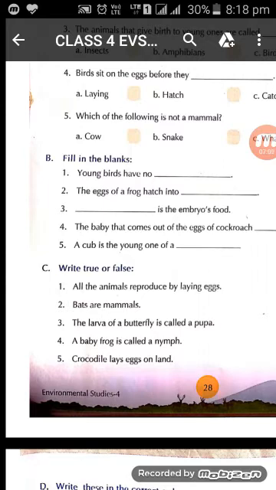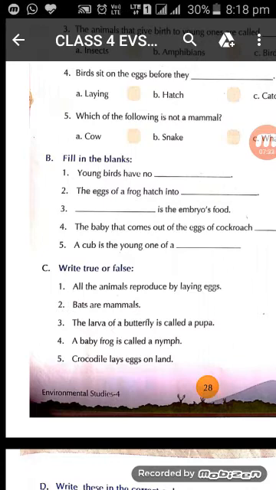It has a tail to swim in water, but later on the gill is replaced by a lung and the tail by legs, so that they can live on land also. Now the egg of a frog hatches into tadpole. Dash is the embryo's food. As I told in the previous question, the egg has 3 parts.